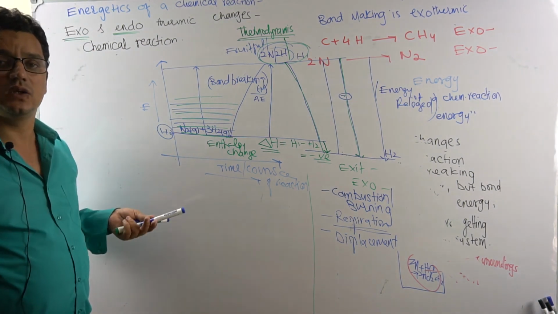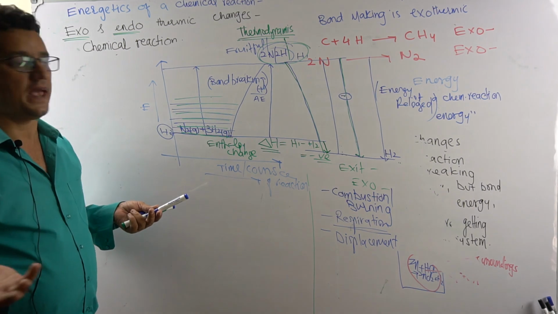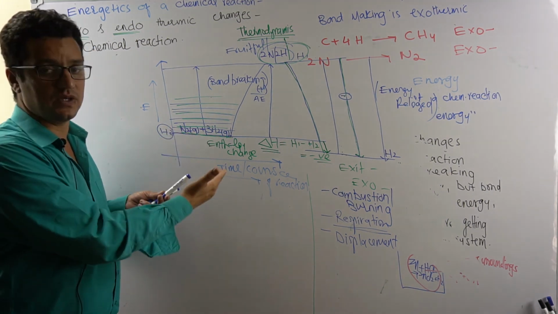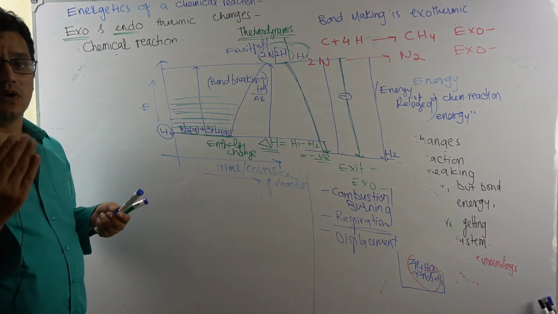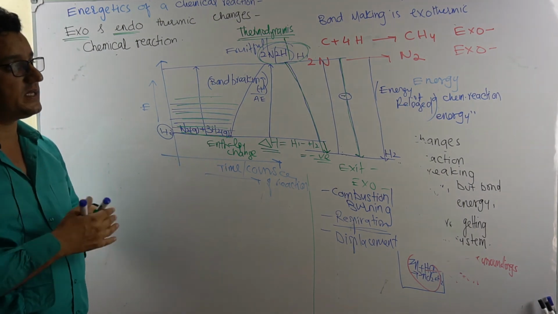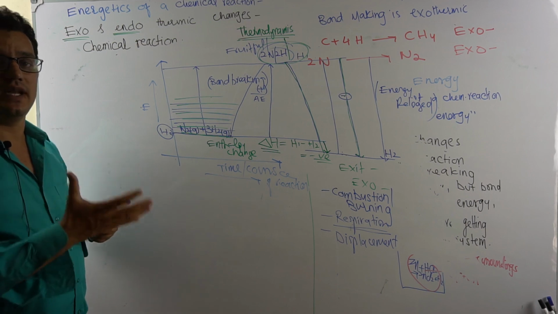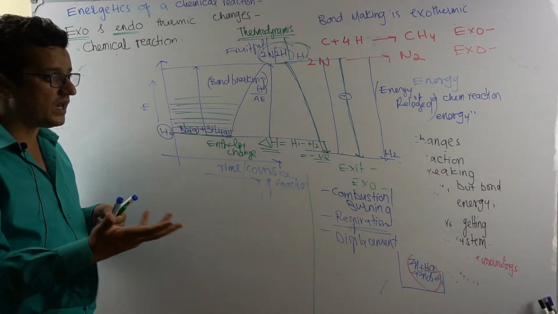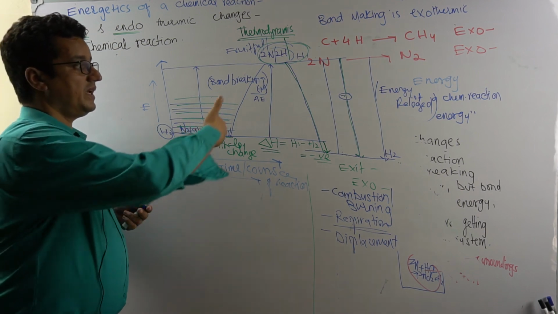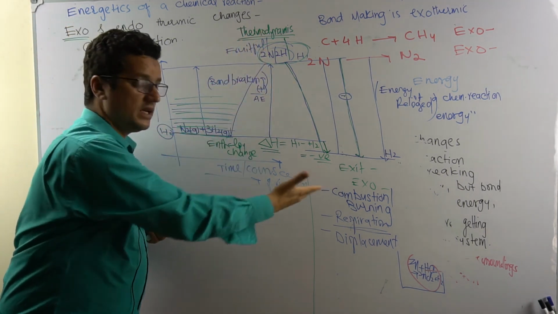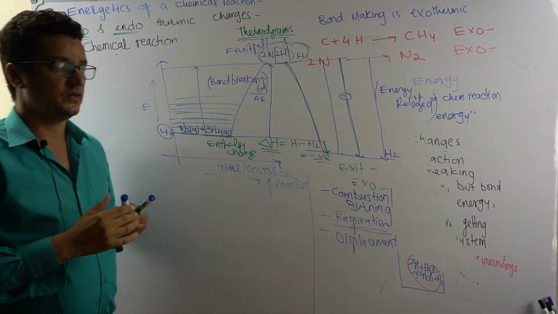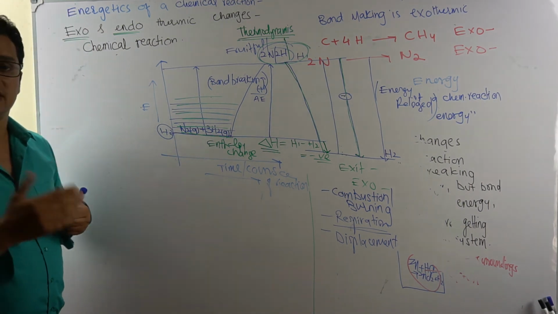These are exothermic changes. Exothermic changes become spontaneous because they are provided the activation energy. In terms of bond breaking and bond making, again I'll stress that bond breaking absorbs energy, that's endothermic. Bond making releases energy, that is exothermic. But overall a reaction depends on whether bond breaking has consumed less and bond making has released more, which makes it an exothermic change. We'll see exothermic changes and endothermic changes afterwards.